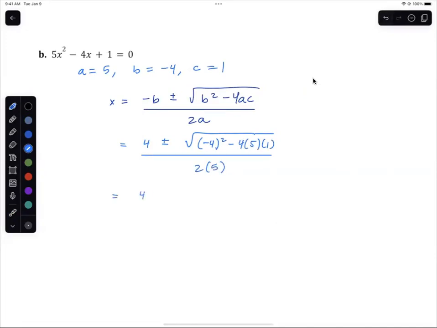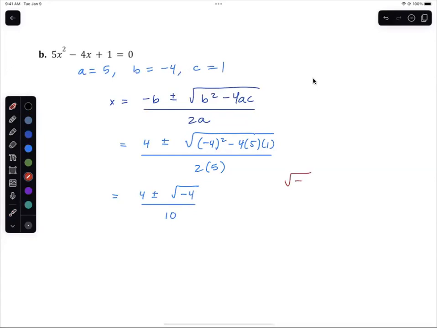Which makes this 4 plus or minus, negative 4 squared is 16. So this becomes 16 minus 4 times 5 is 20 times 1. So this is 16 minus 20, which is the square root of negative 4 all over 10.